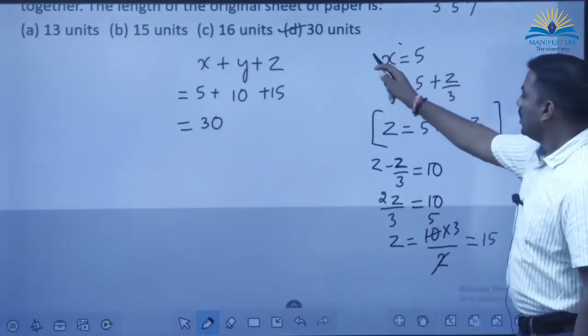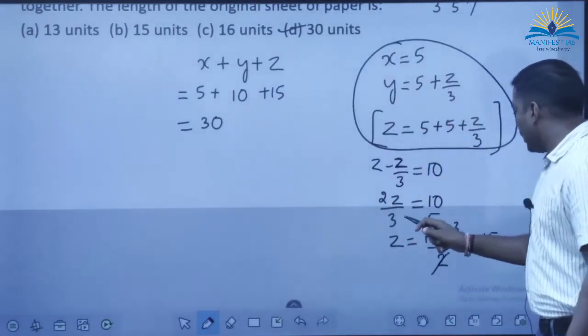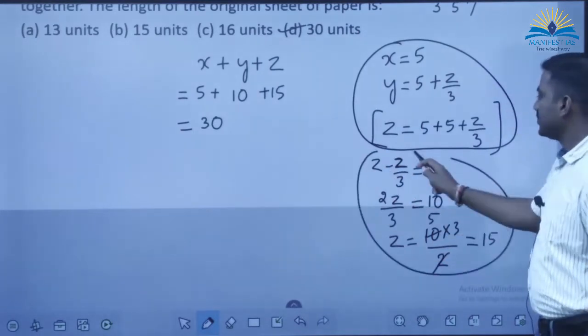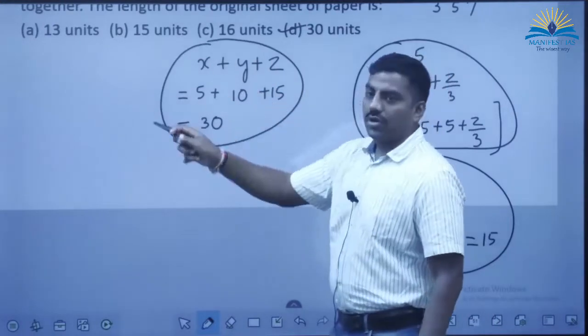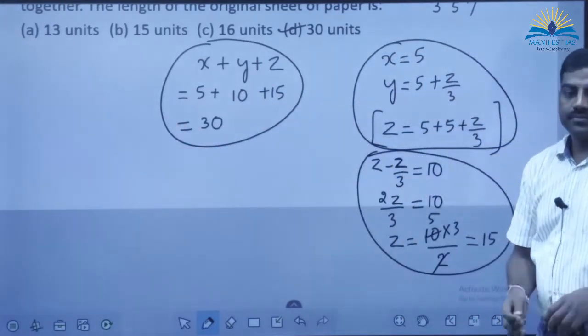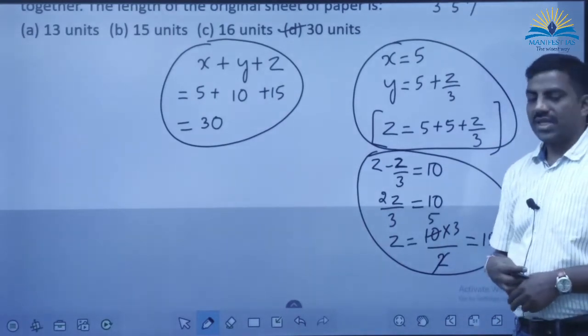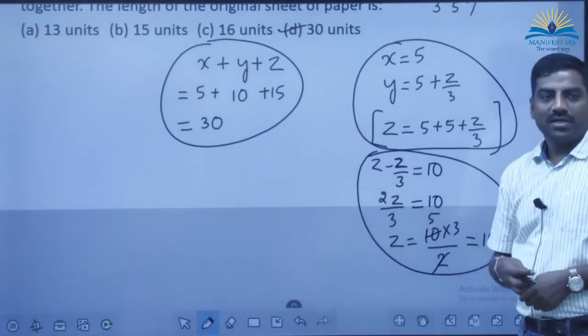See, first we wrote 3 equations. From the third equation, we got the value of Z. Then we determine the sum of all the pieces. Okay?